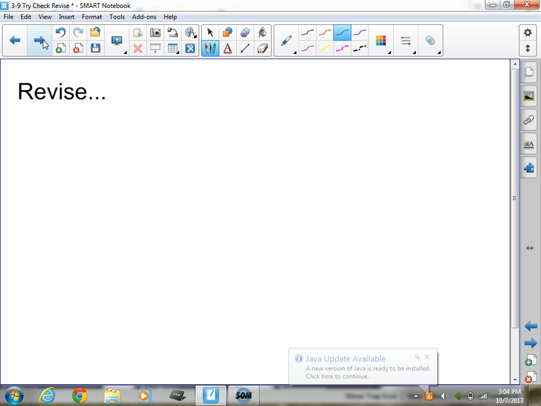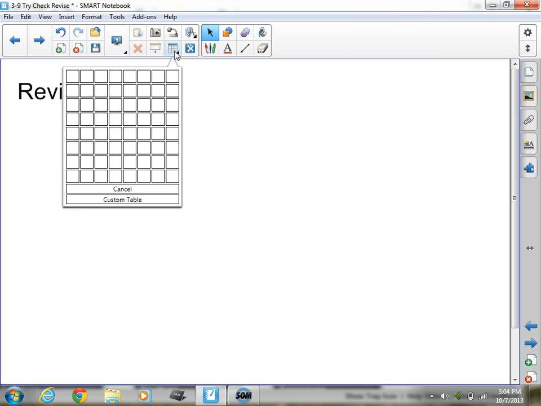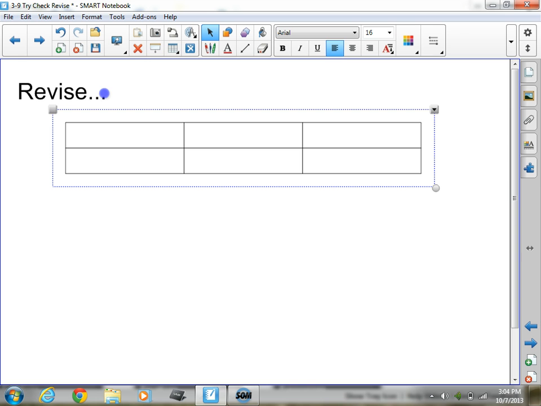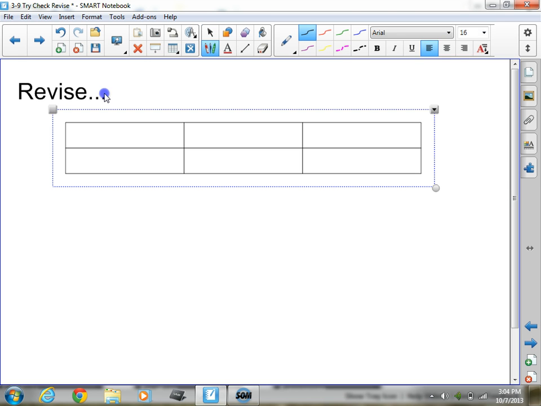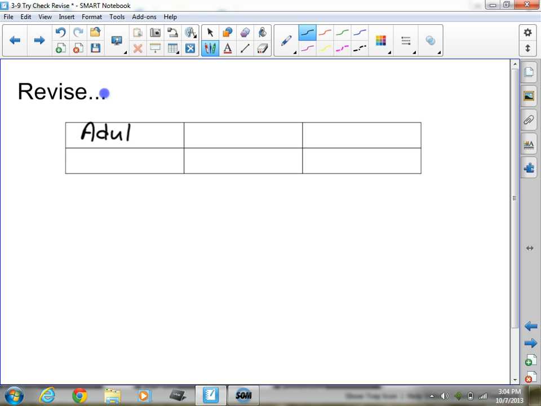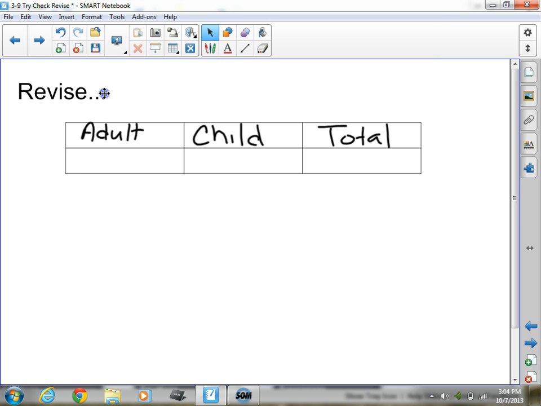In order to revise, let's make another chart. So again, we're going to have the adult tickets, the child tickets, and the total number right here. Now we know that 40 tickets for the adults was too low. So let's revise it a bit. Let's go up to 50. Let's see what happens if we have 50 adult tickets times the $7. That equals $350.